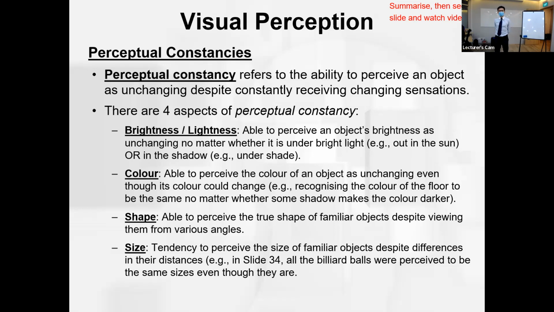What do I mean? Now consider this. I'd like you to imagine this. You are walking under the sun, so you should appear very bright, right? Then you walk underneath a bridge, so you will have a shadow cast over you. Will you still be as bright looking as you are? No, so you actually have a tinge of gray.